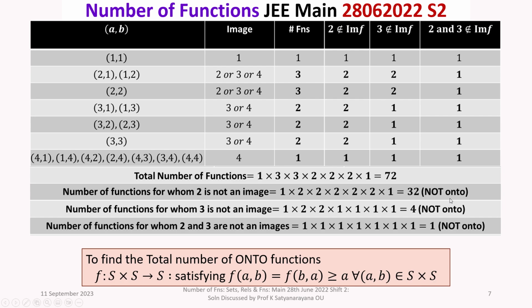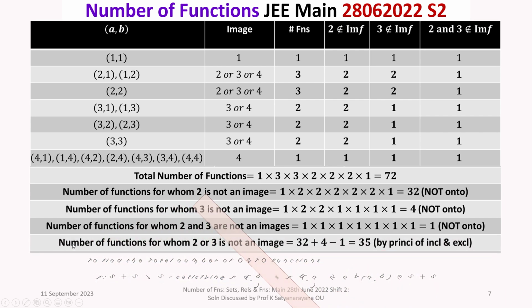Now we ask the question, how many not onto functions are there? That means the number of functions which are not onto, how many are there? So we first count the number of functions for whom either 2 or 3 is not an image.